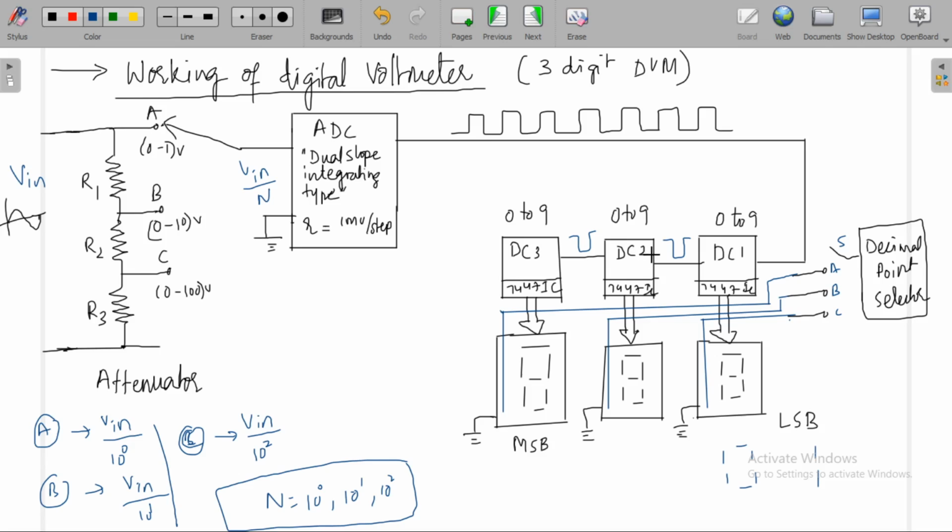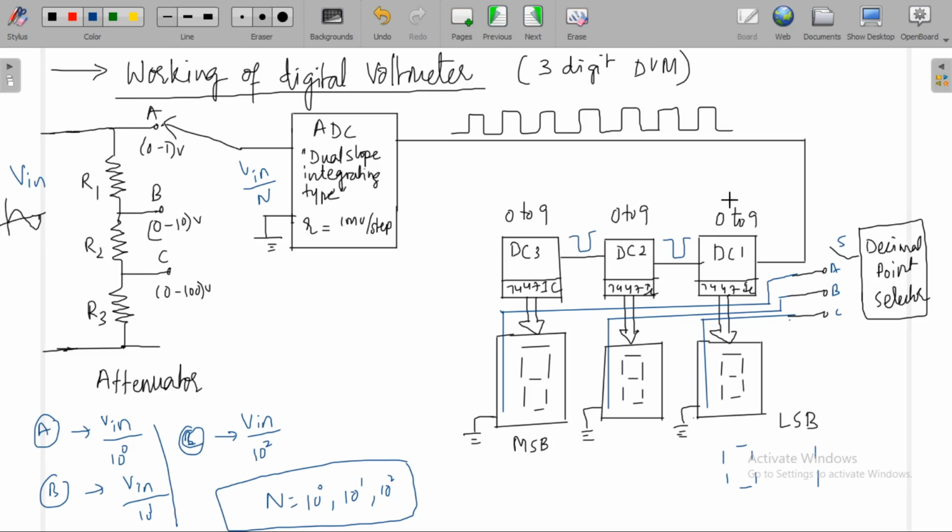So DC2 will count the overflow pulses of DC1, and it will count from 0 to 9. After completion of counting 9 pulses, the next counter starts counting the overflow pulses of DC2.